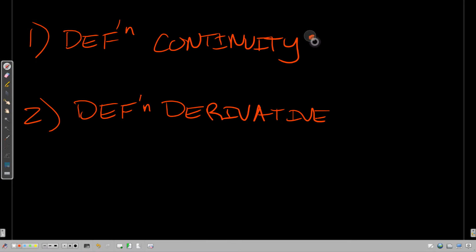The definition of continuity was where your limit towards a point on your function was just equal to what you got when you evaluated that function at the given point.